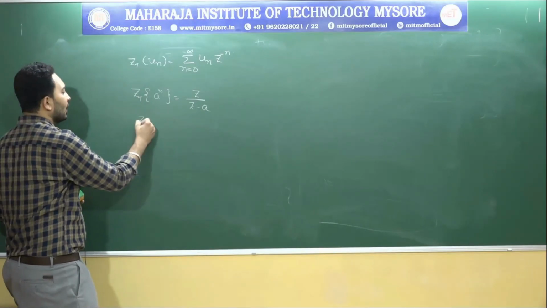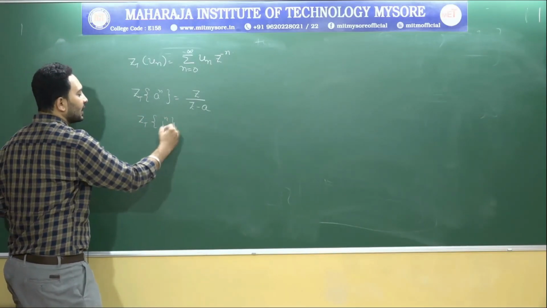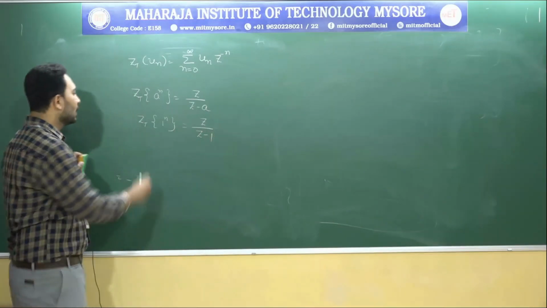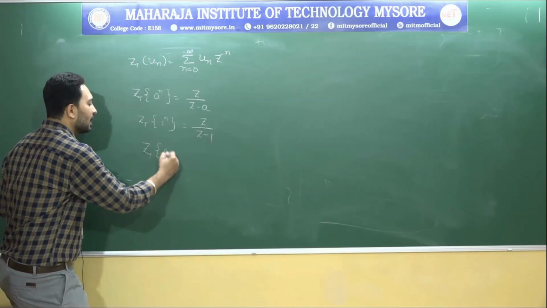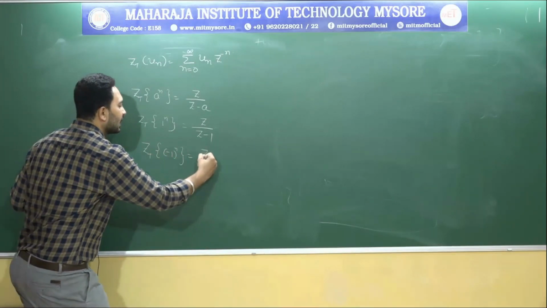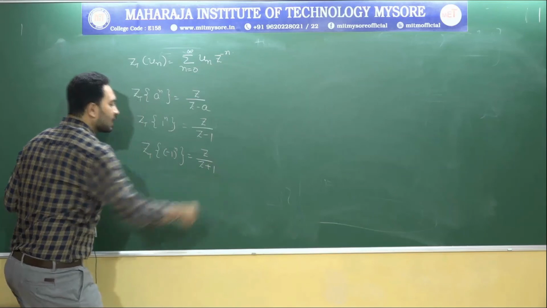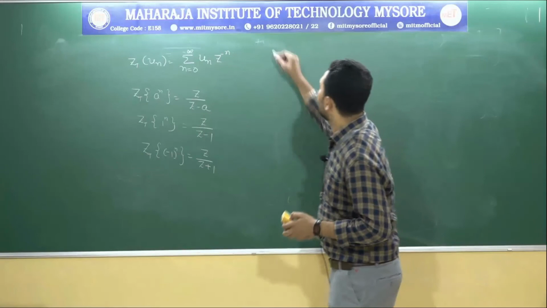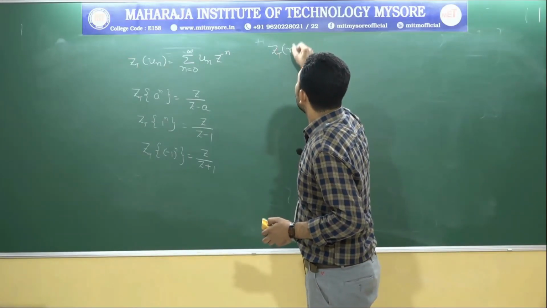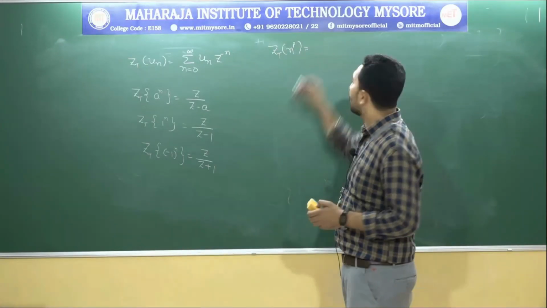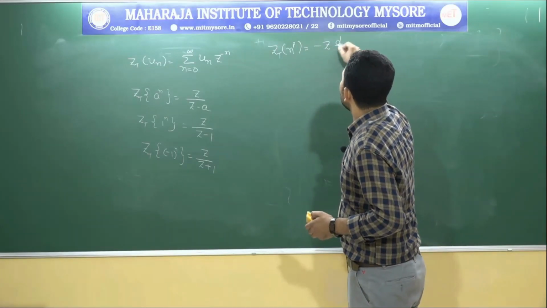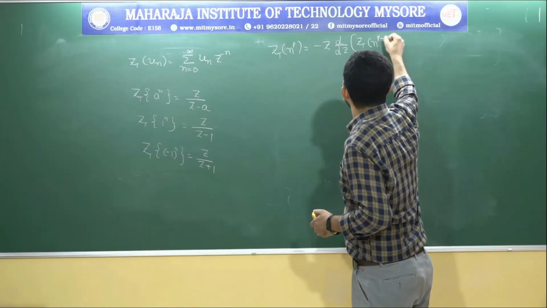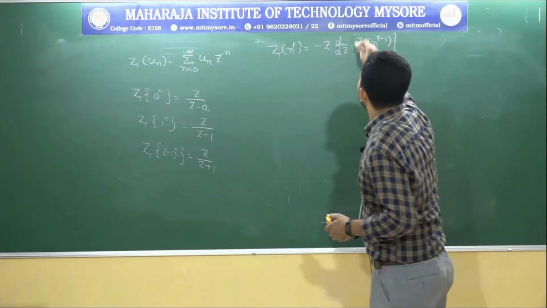By using this we have solved the z transformation of 1 power n, that is z divided by z minus 1, and the z transformation of minus 1 power n, that is z divided by z plus 1. Also, majorly, we have solved the z transformation of n power p, that is minus z into d by dz, z transformation of n power p minus 1.